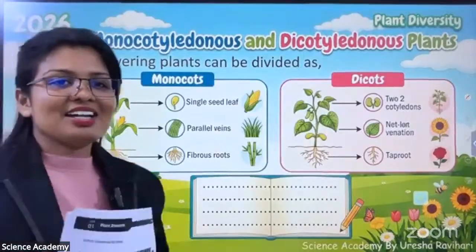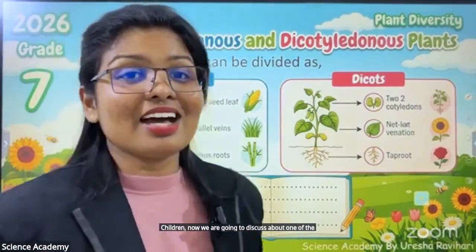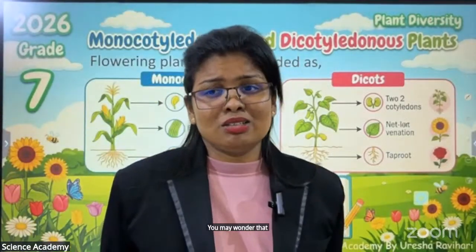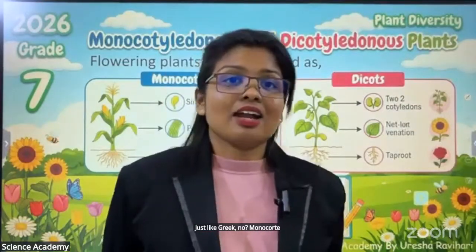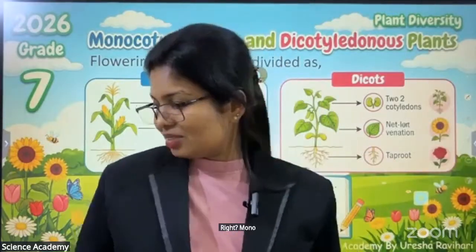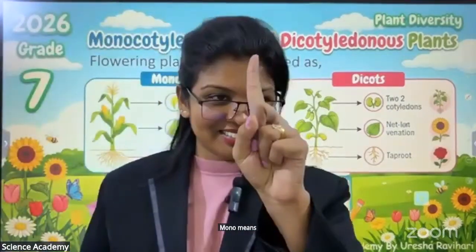Children, now we are going to discuss monocotyledonous plants and dicotyledonous plants. You may wonder, what is this? Just like Greek, no? Monocotyledonous, dicotyledonous, right? Mono means what? Mono means one.